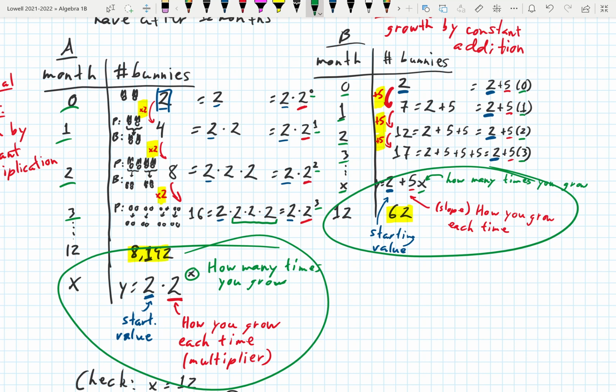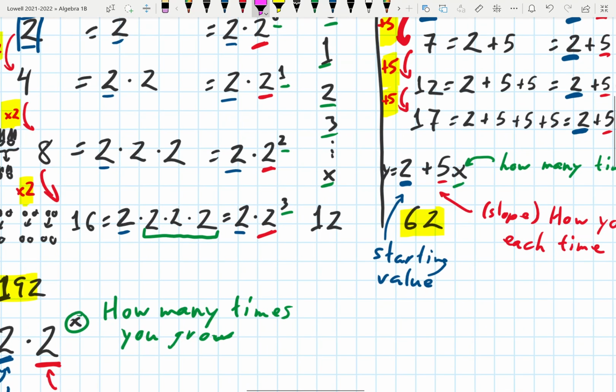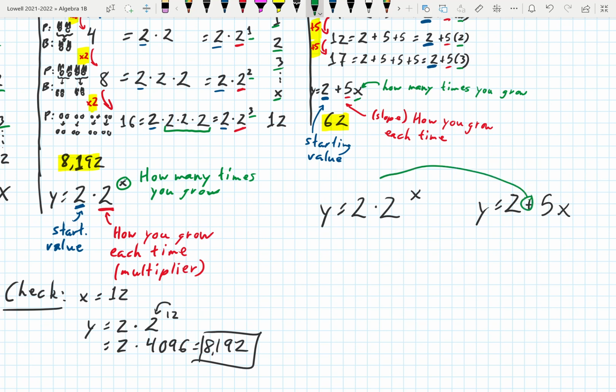And one way that we can think of it, that I've kind of been taught, and this may or may not help, because it's definitely kind of out there in terms of reasoning. If we think about how this equation, y equals 2 times 2 to the x, connects to y equals 2 plus 5 times x, if we think about the different pieces, the adding just turns into multiplying, and the multiplying turns into exponents.